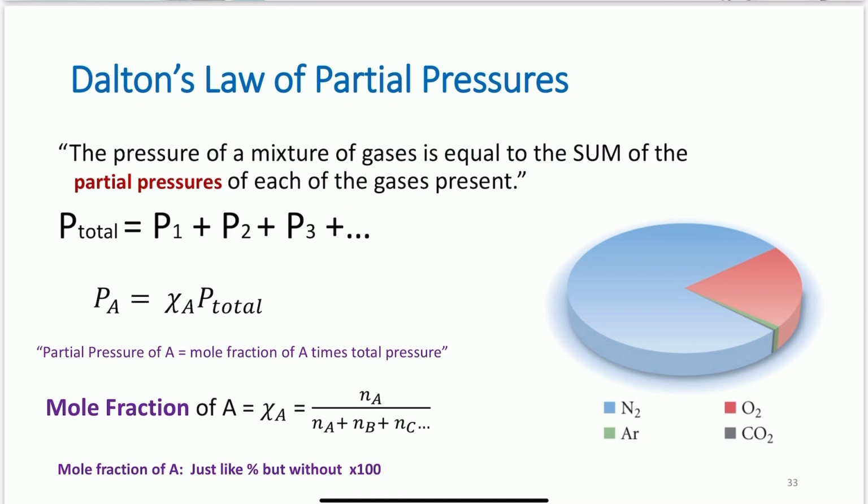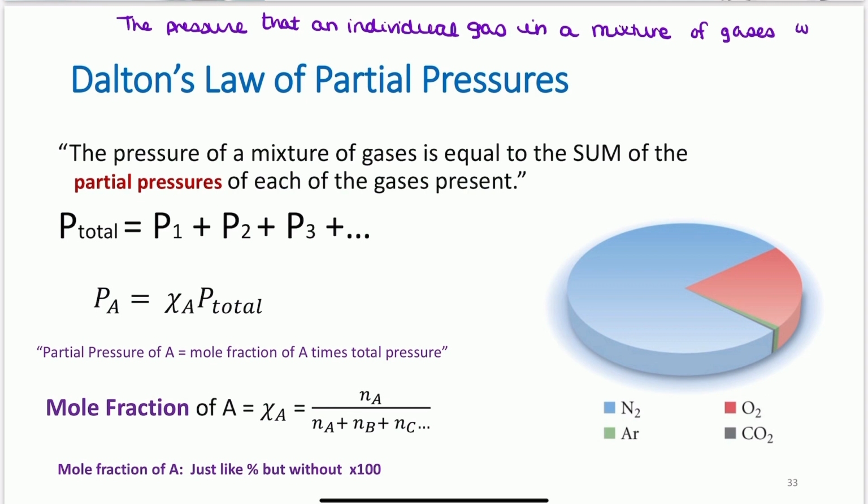The specific definition of partial pressure is the pressure that an individual gas in a mixture of gases would exert if it were by itself at the same temperature and volume.